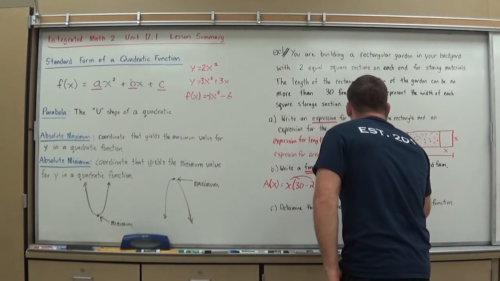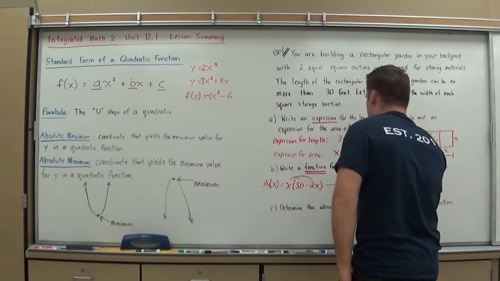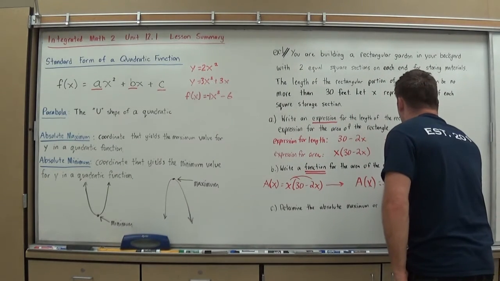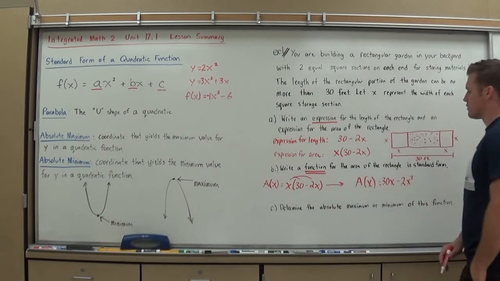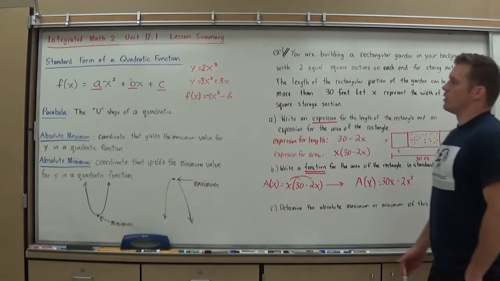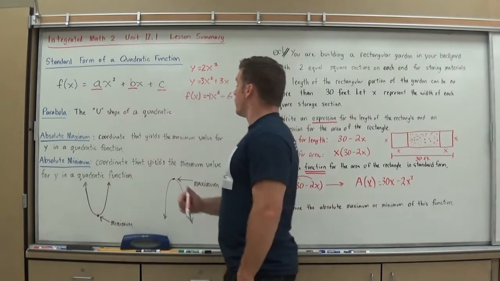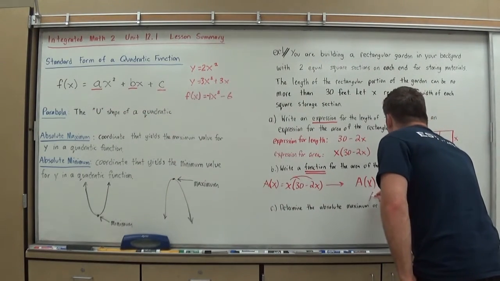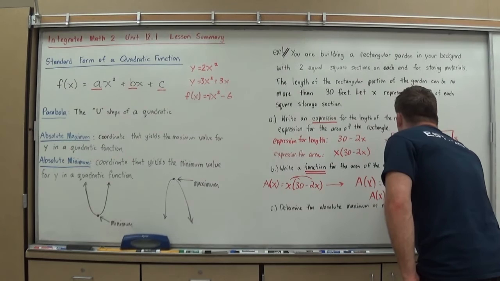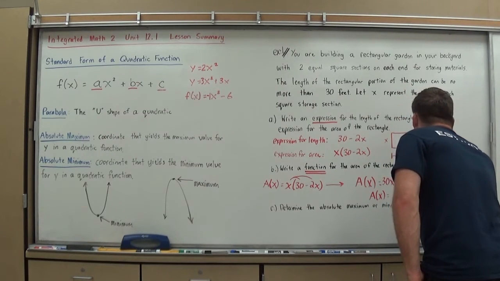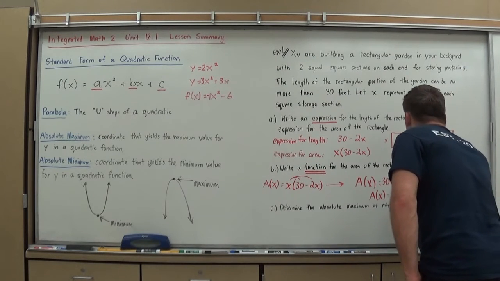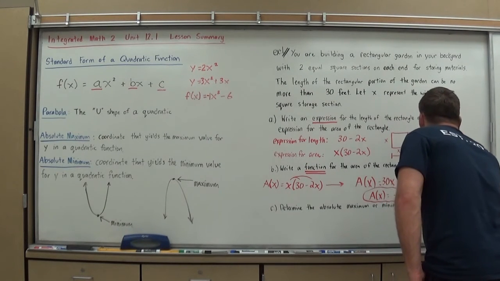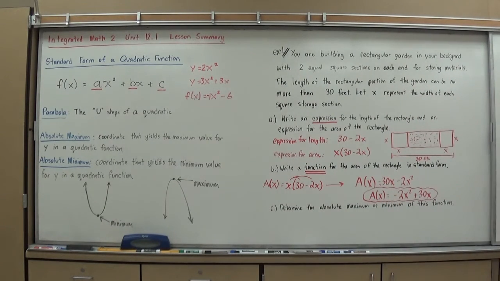So my area as a function of x must equal x times 30 is 30x minus 2 times x is 2x squared. And according to my standard form, x squared is supposed to go first. So I'll rewrite it one more time in the correct order and say negative 2x squared plus 30x. And there's my function for the area in terms of x.